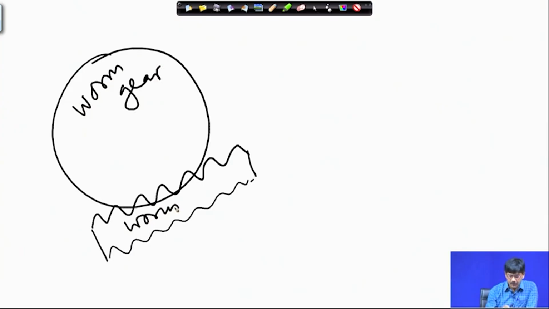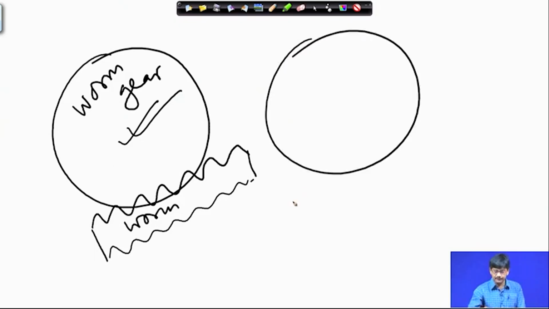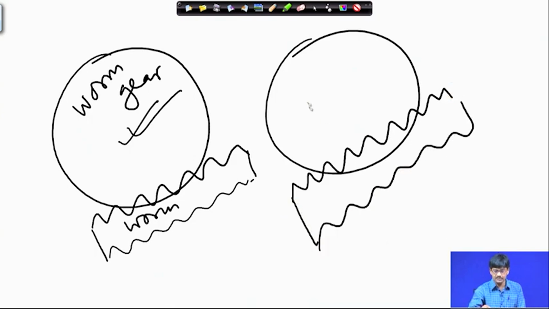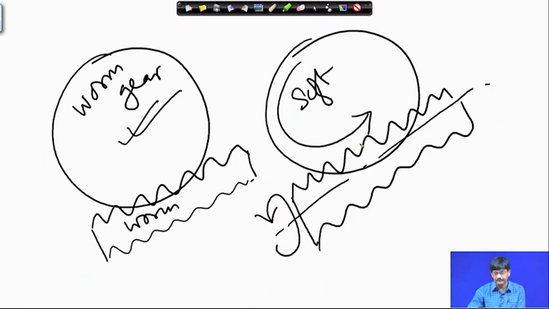What if I did not have the worm gear fully made, but it was simply a cylinder, and the worm is perfectly made of solid, hard and strong material, and this is soft, and I made them go through the motions as if they are fully operational worm and worm gear. The worm will essentially remove those portions of the soft material which do not belong to the worm gear. So, I provide them with motion as if they are worm and worm gear.